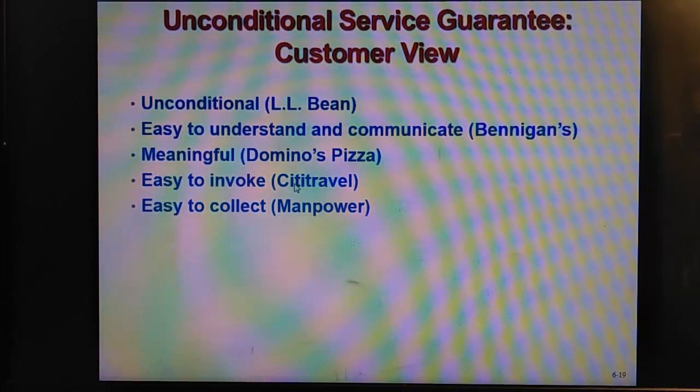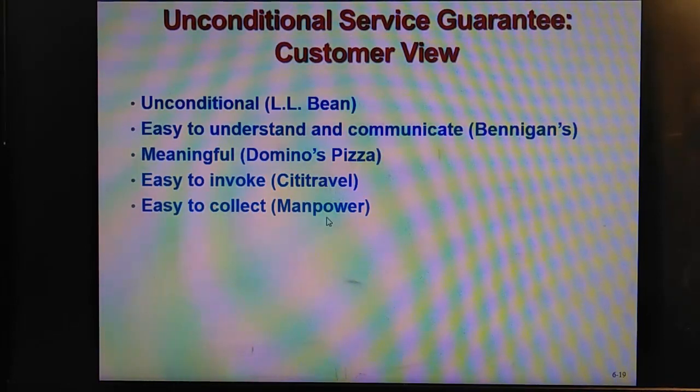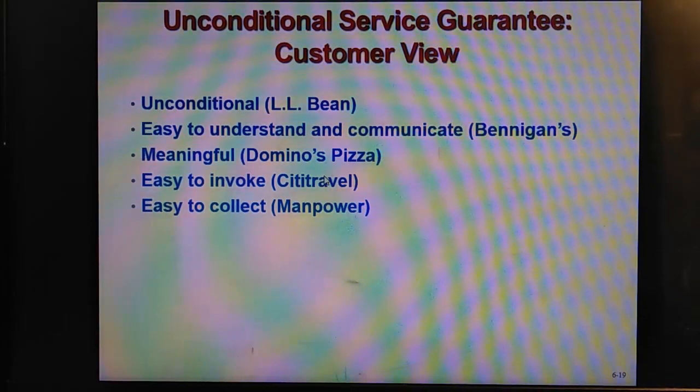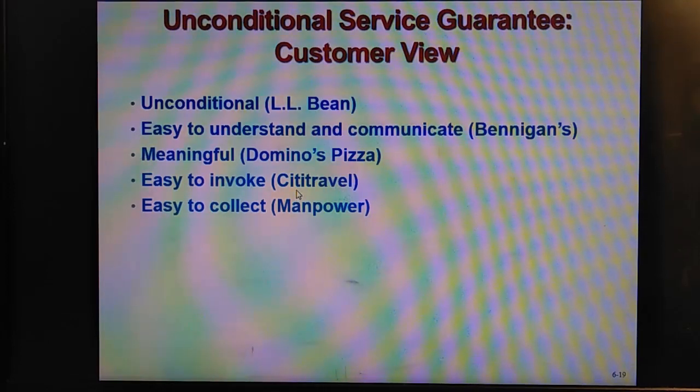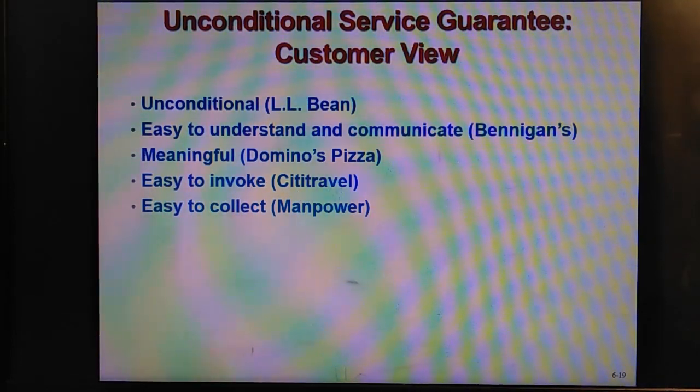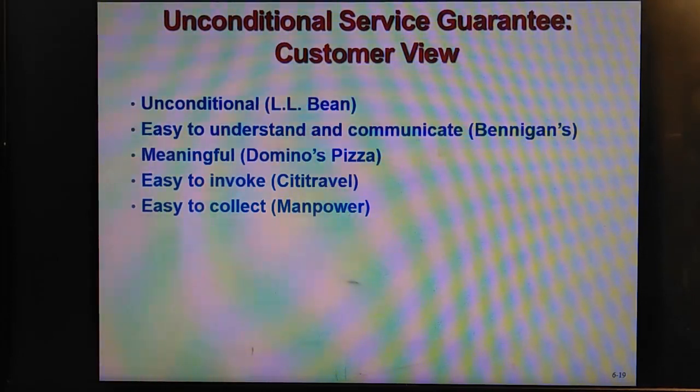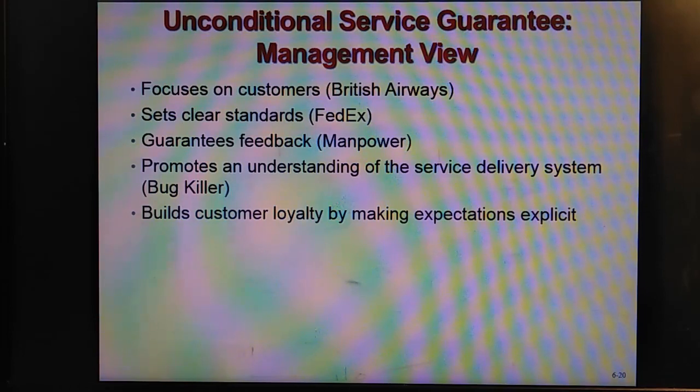Some other companies follow their own service guarantee. For example, Citi Travel, which makes it easy to report or make a complaint and so on. So these are a few examples of how companies make use of service guarantee to ensure customer satisfaction.